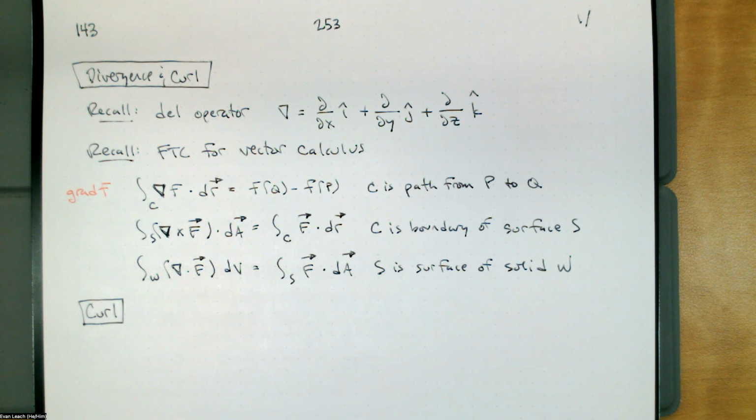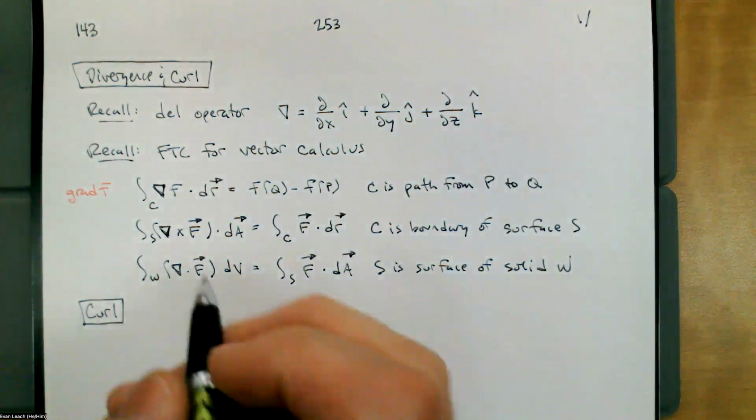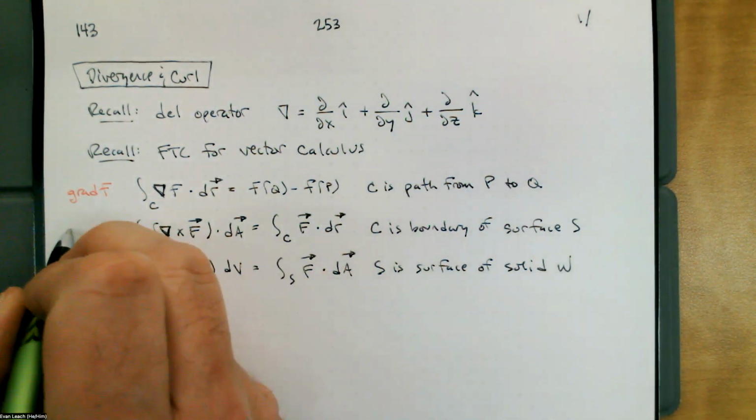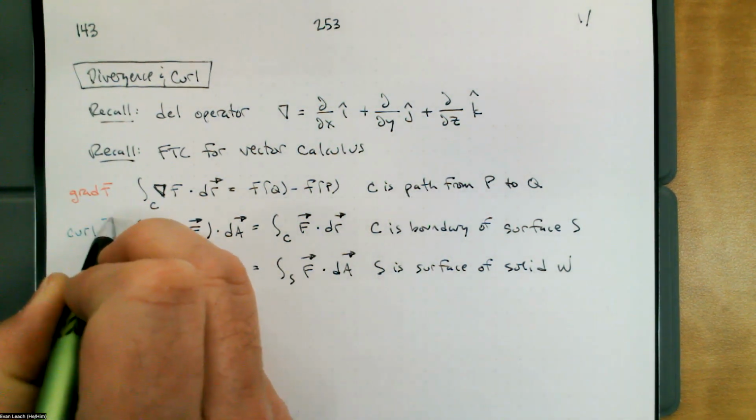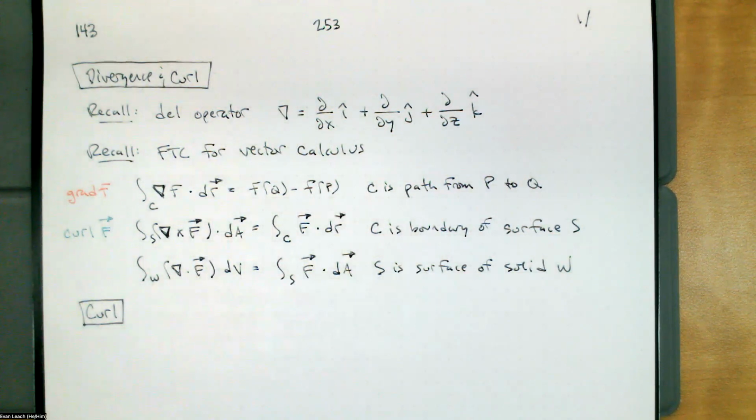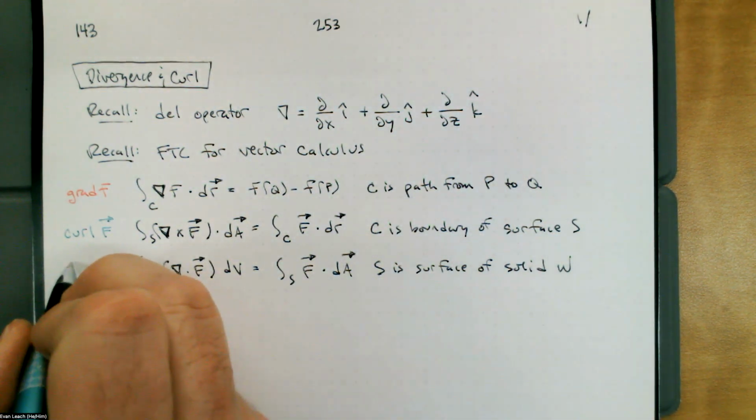In this case, we're not going to be applying it to a scalar function. We're going to be applying it to a vector function or a vector field. So del cross f is the curl of the vector field f, and del dot f is the divergence of the vector field f.